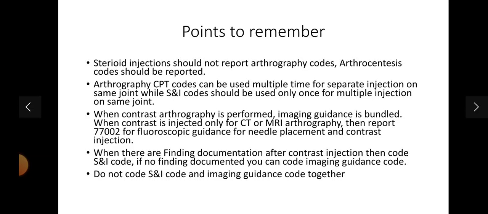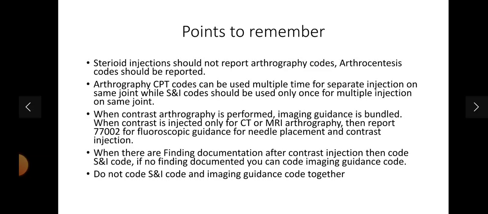So if only contrast is injected and no findings are given after injecting the contrast, you cannot code the SNI code. You have to code only the imaging guidance, because SNI codes need documentation support. If no findings are there, you cannot code the SNI code. So in that case you can code the imaging guidance.